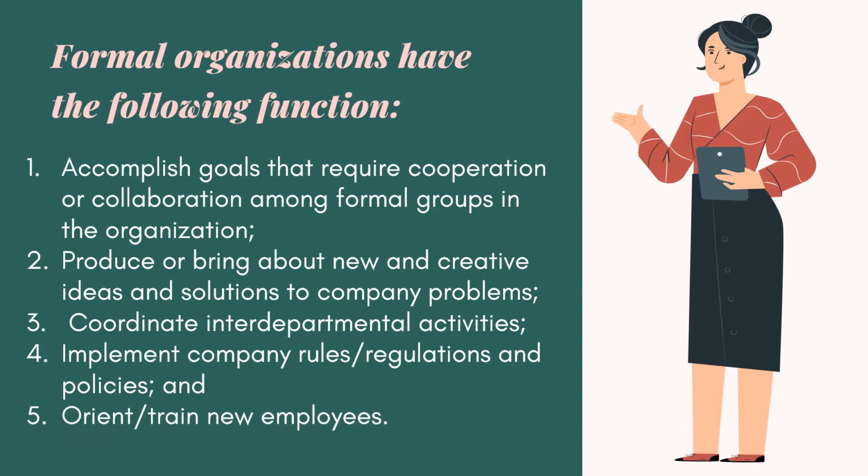Since they're new employees, you need to orient them on what's going on in the organization, what the organization is for, what the company's objectives are, and what the rules and regulations are, and you also need to train them in order for them to fit their jobs. So again, those are the functions under formal organizations.